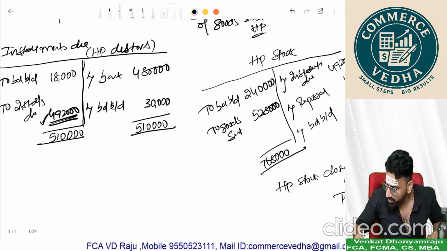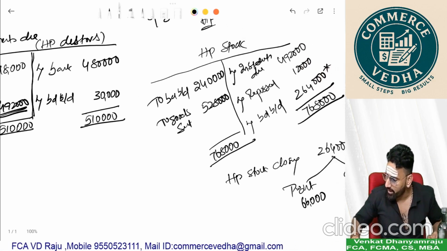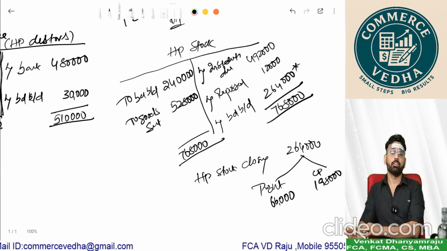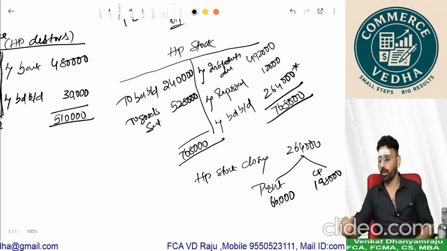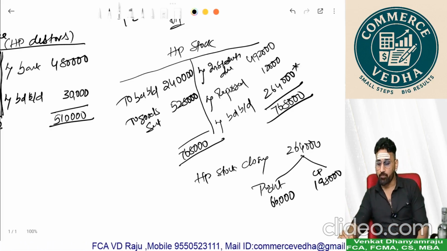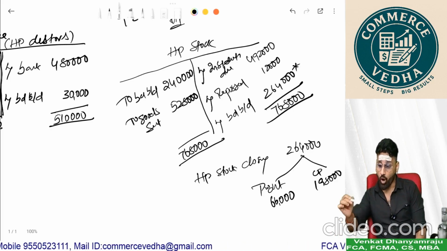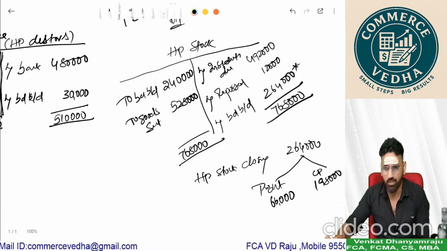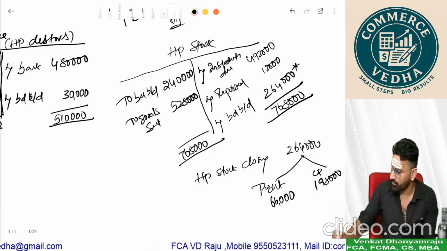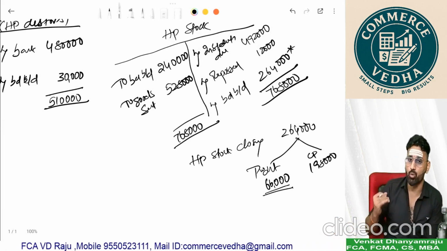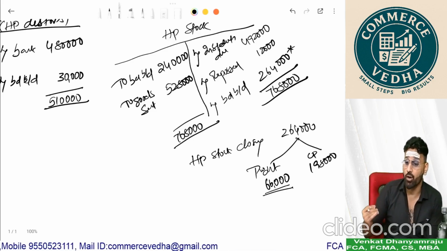So installments due 4,92,000. Then we also computed the hire purchase stock balance: opening balance, goods sent, installments due, repossessed from not yet due, and the balance 2,64,000. From the balance, we also identify the profit. This is the basic information to do the hire purchase debtors method.